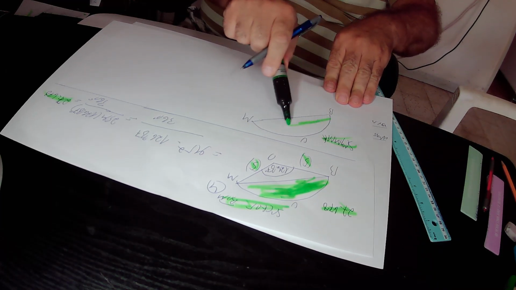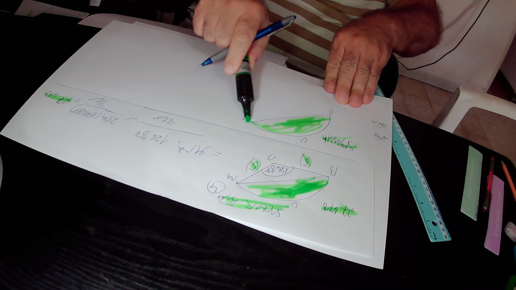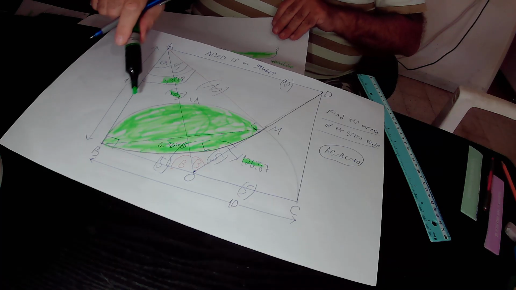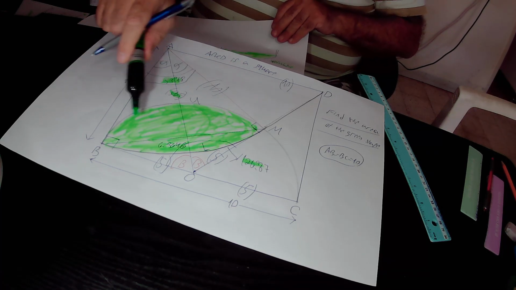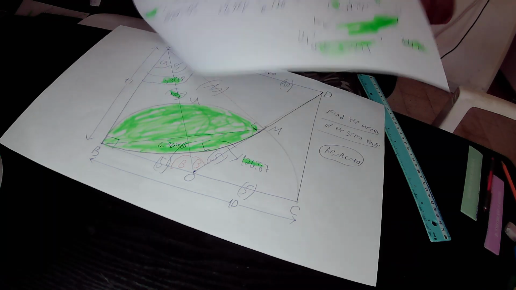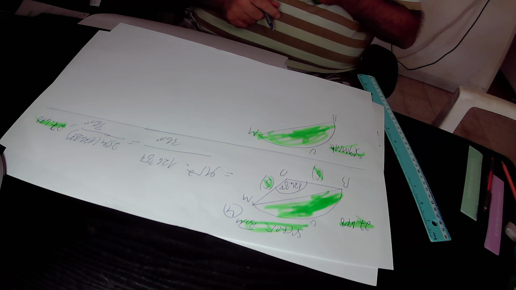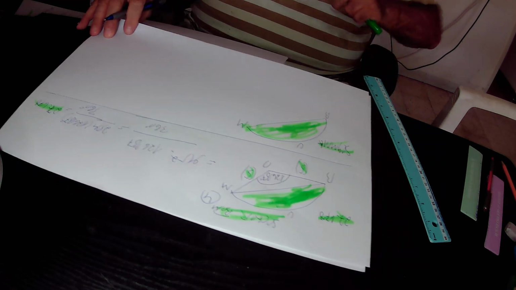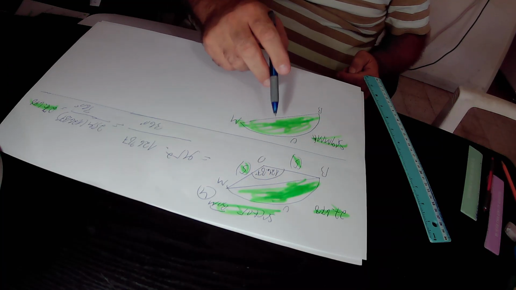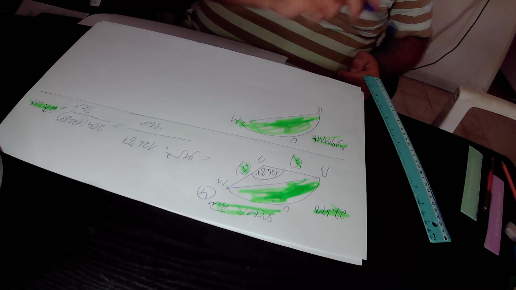This is the upper segment BUM, whose area we have to find. From the drawing, it is very easy to see that if you remove from this sector BOM this triangle BOM, we get exactly segment BUM.